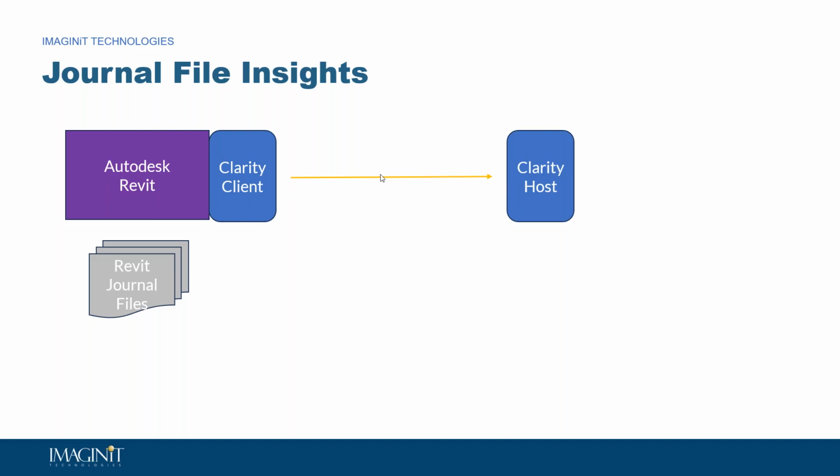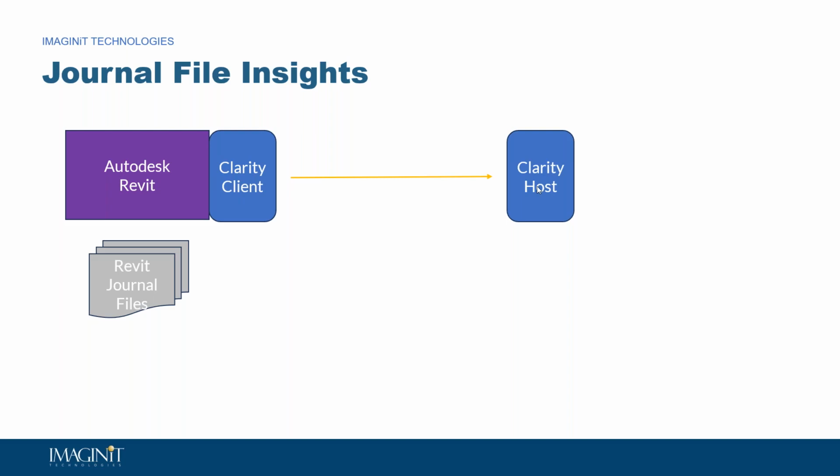And we've had this for many years, and it's already set up to pass in other information about what version of Revit, what add-ins you have installed, what your Revit sessions are, what models you're working on, and how much time you spent on them. All of that is already flowing from the Clarity client to the Clarity host.